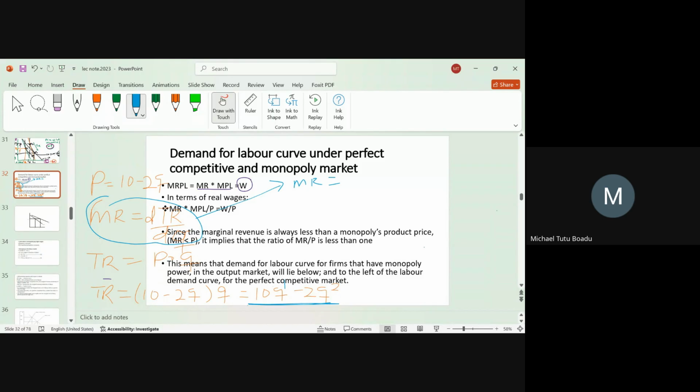To differentiate means multiply the power by whatever is in front, that is by the 10, and that will give us 10. Now subtract 1 from the power of Q, which gives Q to the power 0. Move to the next term. Multiply 2 by 2, you have minus 4. Subtract 1 from the power 2, that will give us Q to the power 1. According to the principles of indices, anything raised to the power 0 is 1.